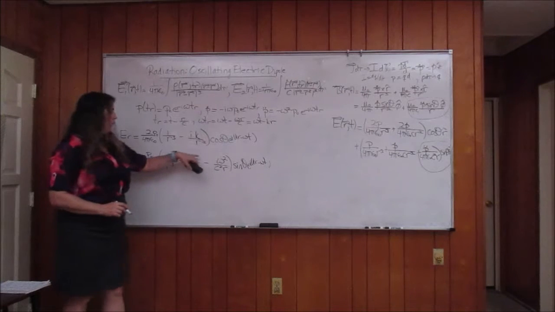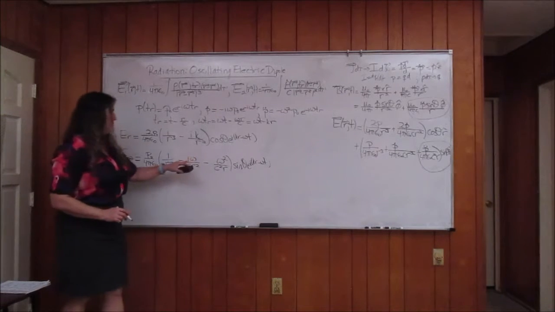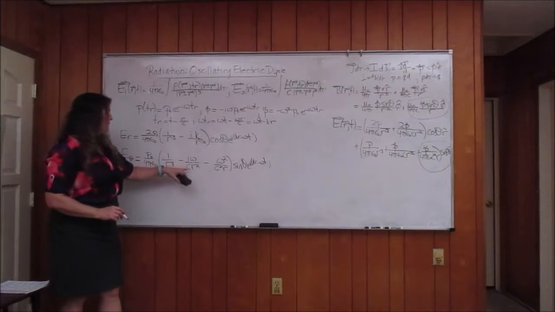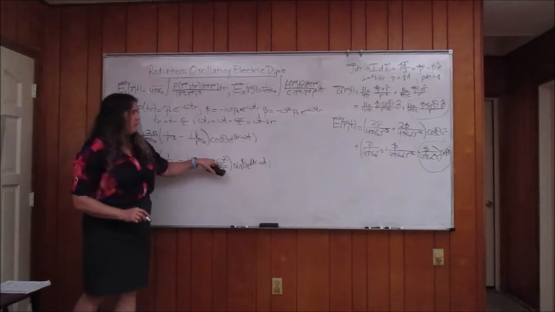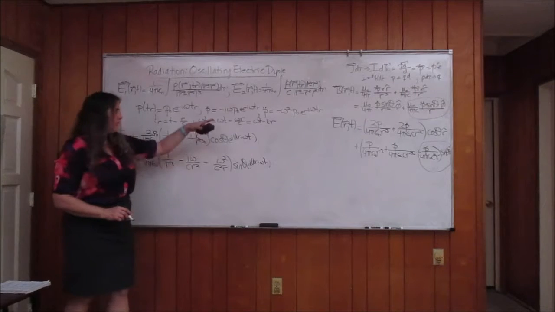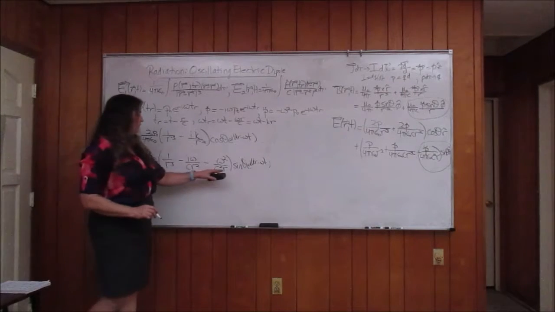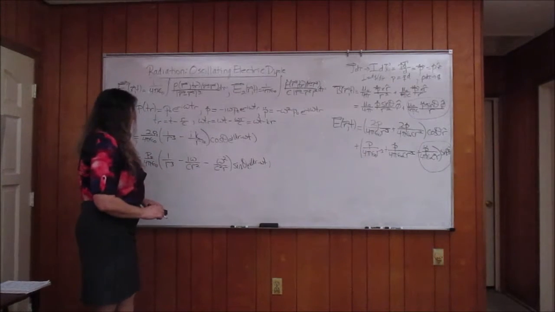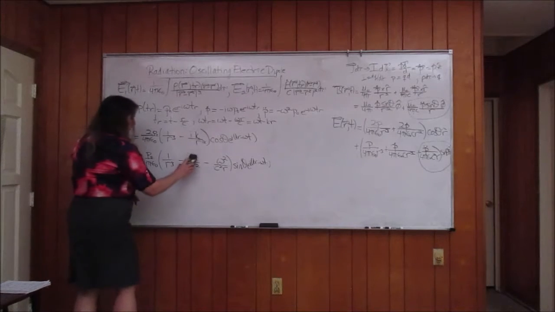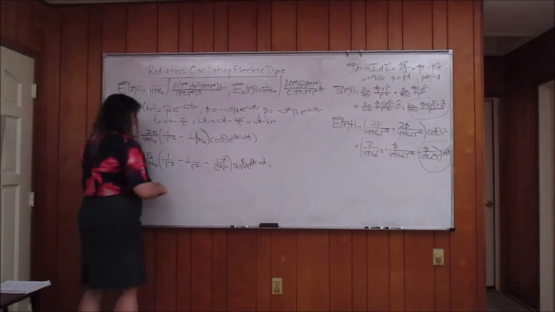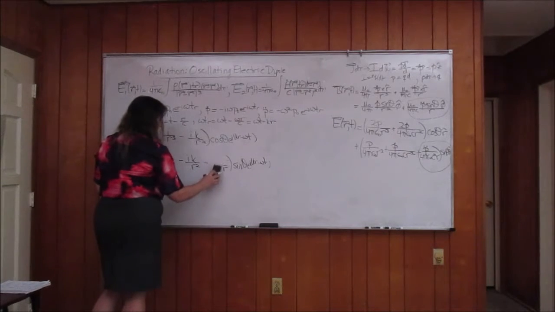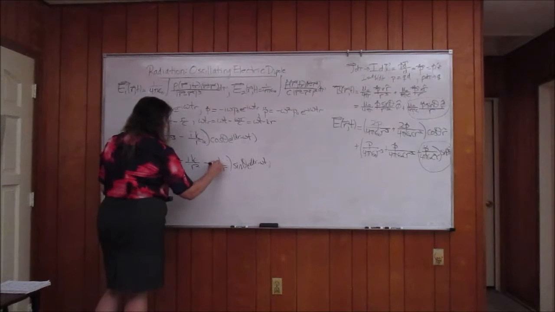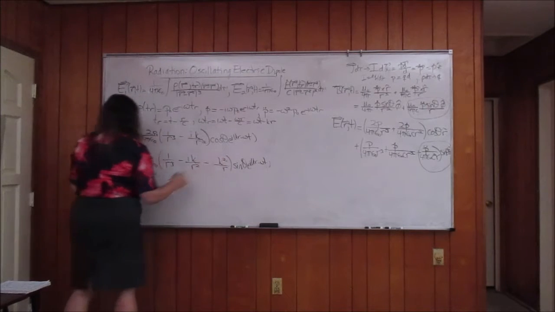I have a minus i omega from differentiating with respect to time, and then that's going to be over c r squared, and then I've got an additional factor of minus omega squared from taking the second derivative, and that's over c squared r. So I'll replace omega over c by k, and I'll replace this omega squared over c squared by k squared.